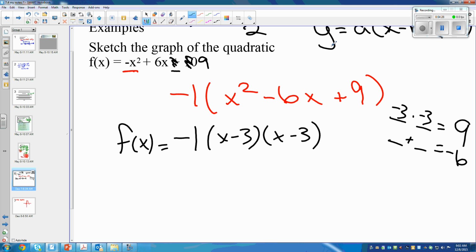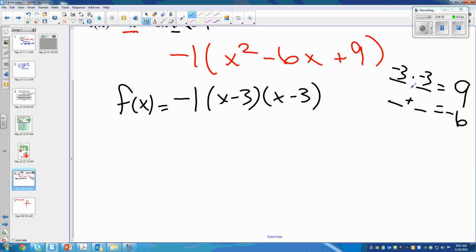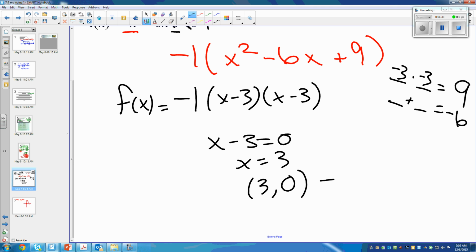Okay, so let's continue on writing what we know now. We know that if we solve for this, x minus 3 equals 0, x is equal to 3. So this is (3, 0). This is our x-intercept, right? We know that. But because there is only one x-intercept, what does it tell us?